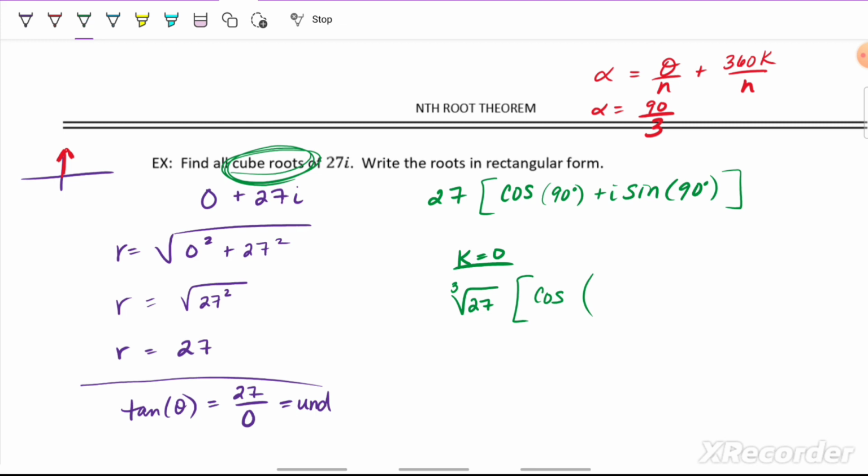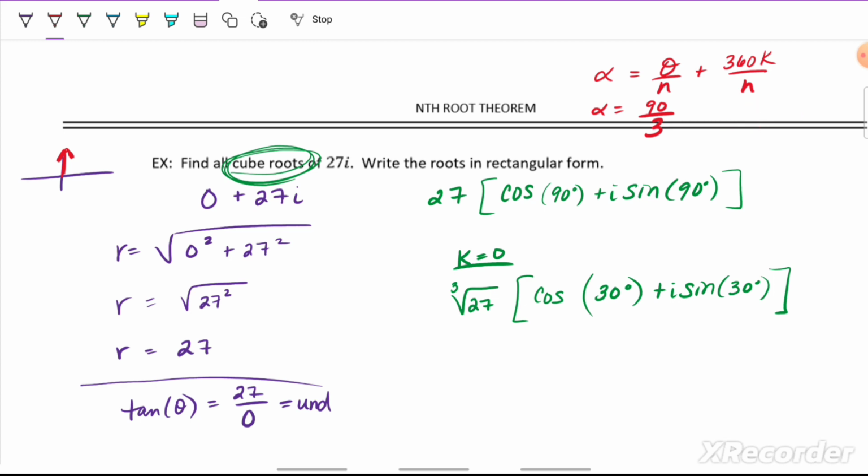So that tells us that our first angle measurement is going to be 30 degrees. See, the second part doesn't play a role for us in our first answer because it's 360 times k, and for our first answer, k is 0. So we're not adding anything additional. We're going to get our first angle, 30 degrees.